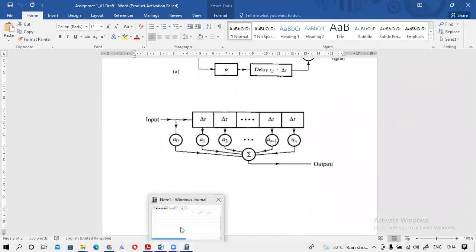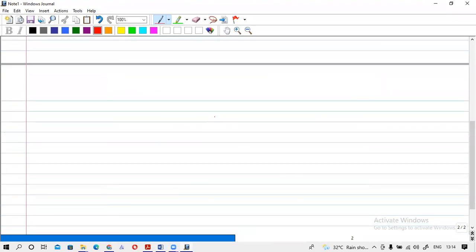So first of all, I would like to remind you some basic facts. The first one is the time shifting property of Fourier transform. This is for continuous time signal. So I think you may remember this property.